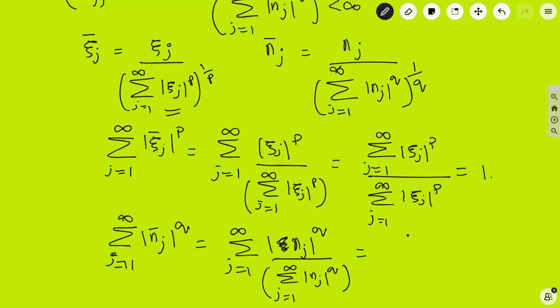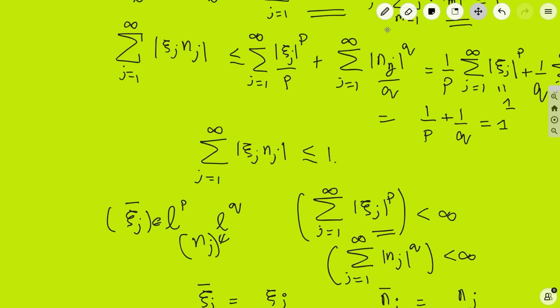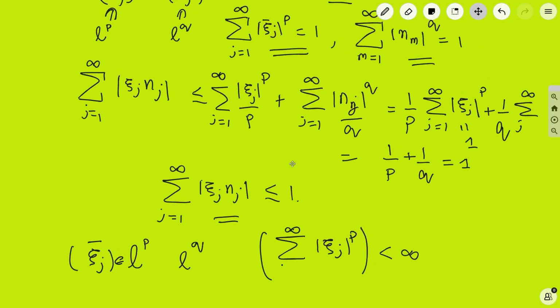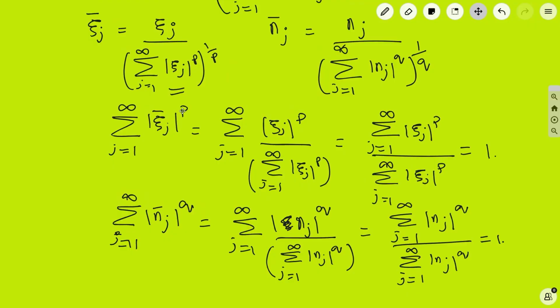Well, it will turn out that this is 1, right? So what that means is I can use this result, that when I sum this, it should be bounded above by 1, because the summation of the absolute magnitude of the new sequence that we have created, raised to the power p, is 1.